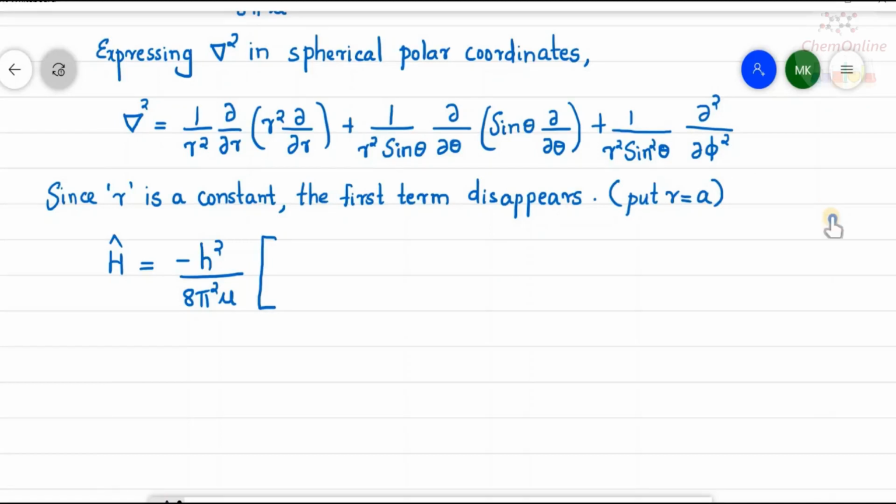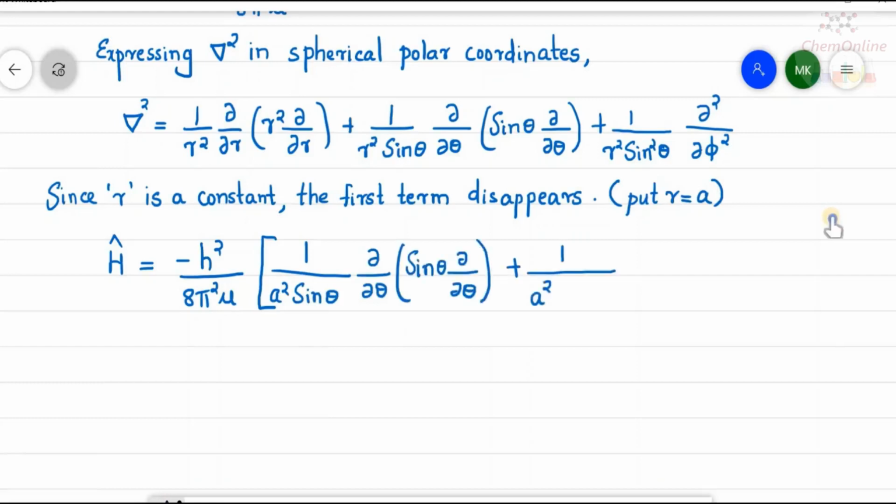Also, we have put r equals a. So, into 1 by a square sin theta dou by dou theta of sin theta dou by dou theta plus 1 by a square sin square theta into dou square by dou phi square.